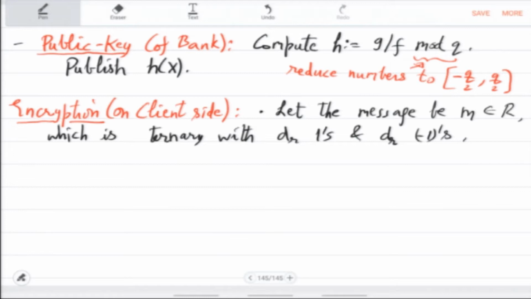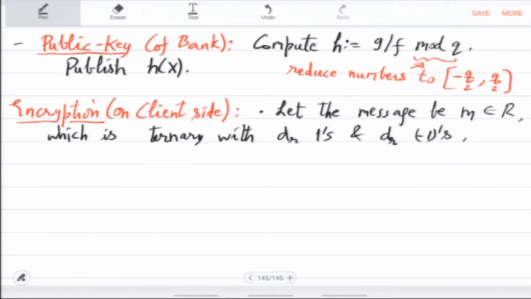Okay, so the message also we can assume has this form. This is easy to assume because you can always come up with a padding technique to make the plus 1s and the minus 1s equal to this public parameter dm, and the other coefficients are 0.